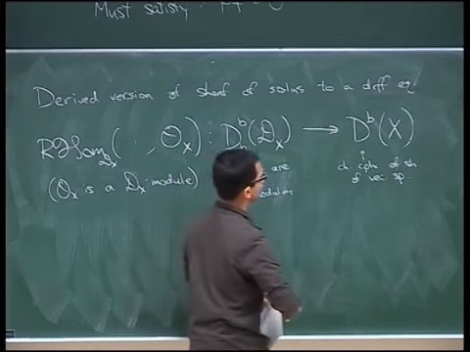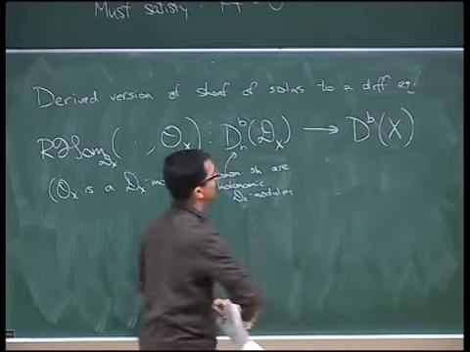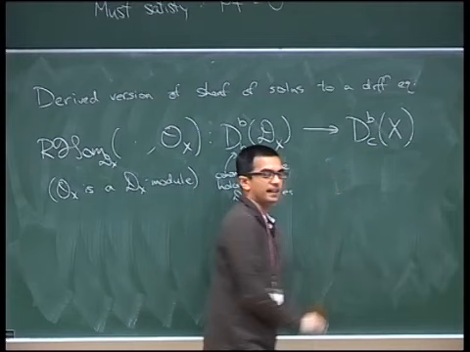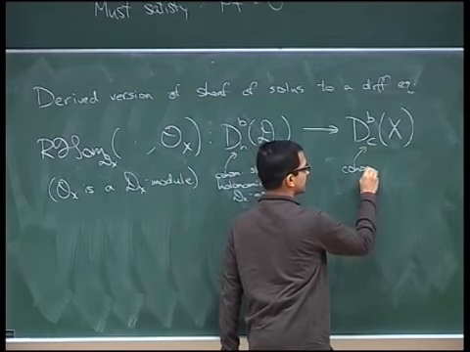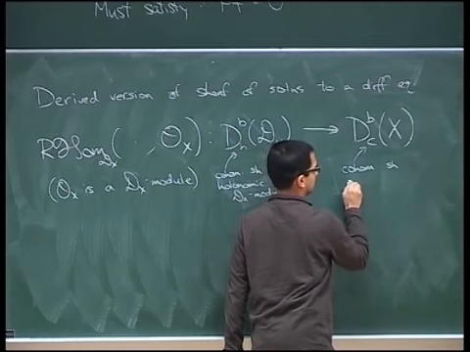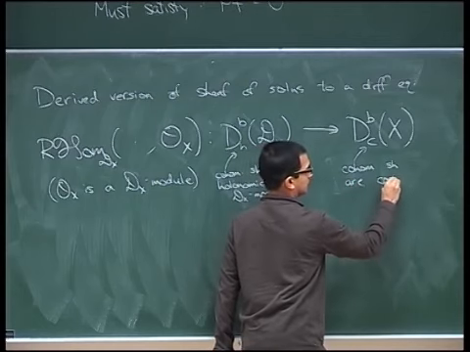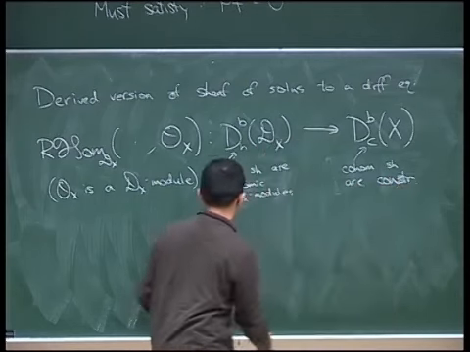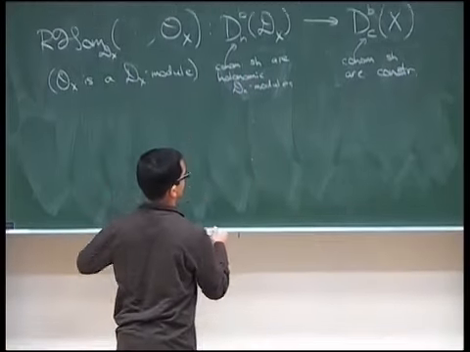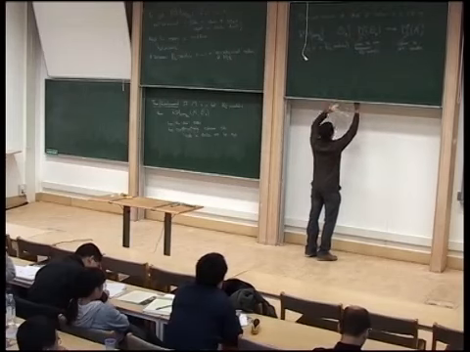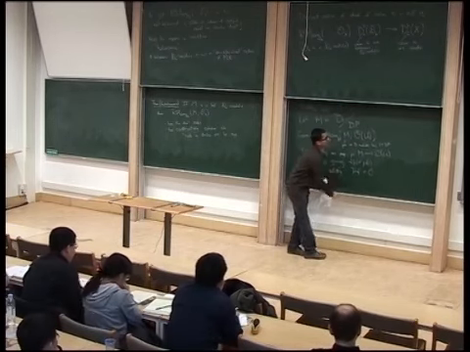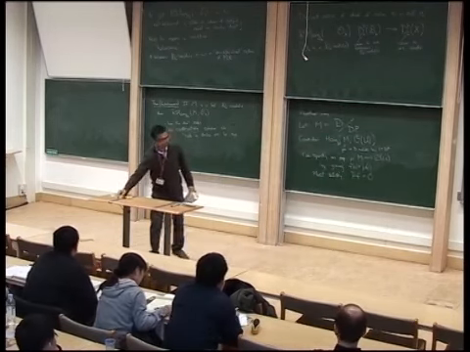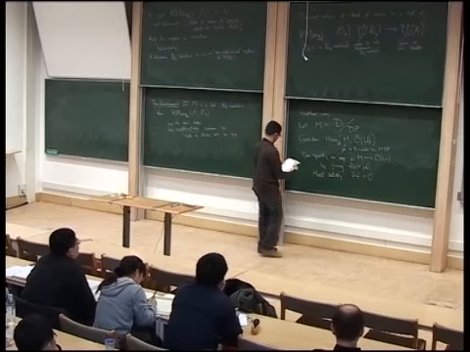And then I'll add a c here, and this means the same thing as yesterday: the cohomology sheaves are constructible. Okay. So we can make one more refinement to this.